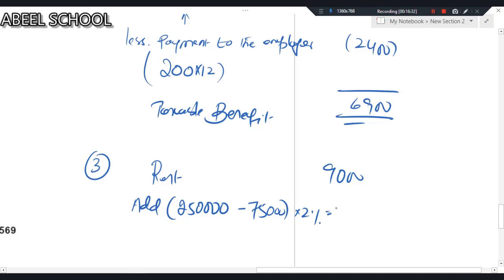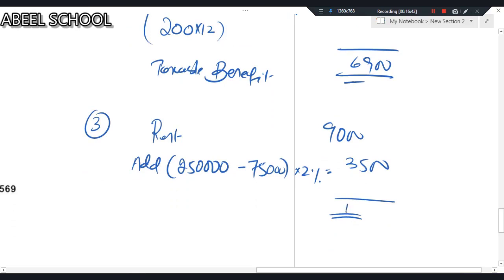So 250 minus 75,000, and then I'll take 2% of this. It is coming 3,500. So the taxable benefit is 12,500.